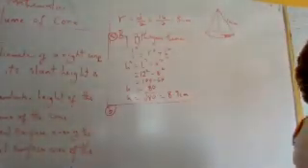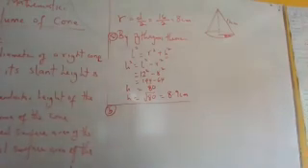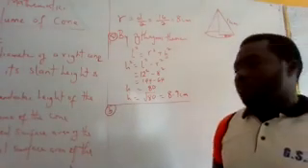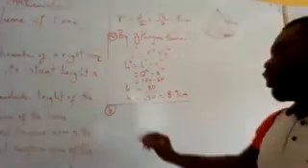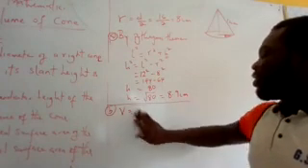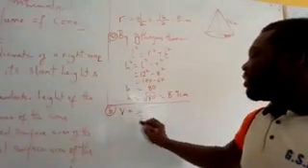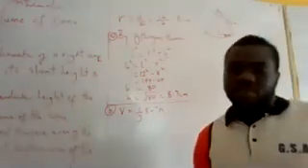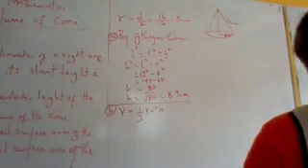So now we'll try and obtain the answer for the second, which is B. Find the volume of the cone. Now recall from the formula we gave to you that the volume of the cone, V, is equal to 1 over 3 pi r squared h. It's quite similar to that of the cylinder.